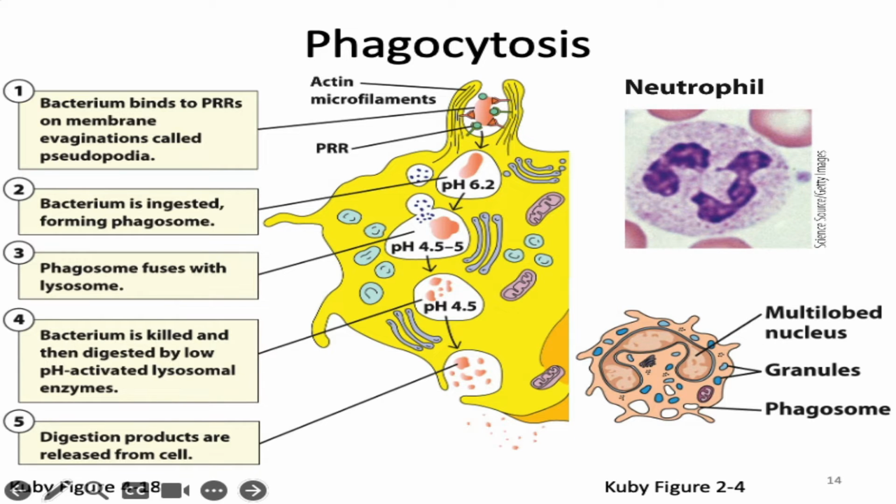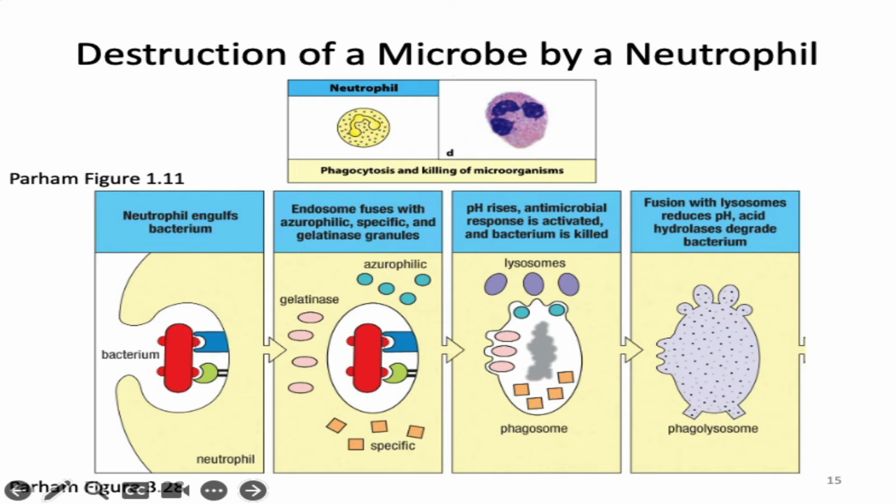You can see the version of this from your textbook here. Here is our microbe, and here's the neutrophil engulfing it. Now that we have it inside, we would call this a phagosome. And all of these other little granules that were full of all sorts of fun toxic stuff merge with the phagosome.